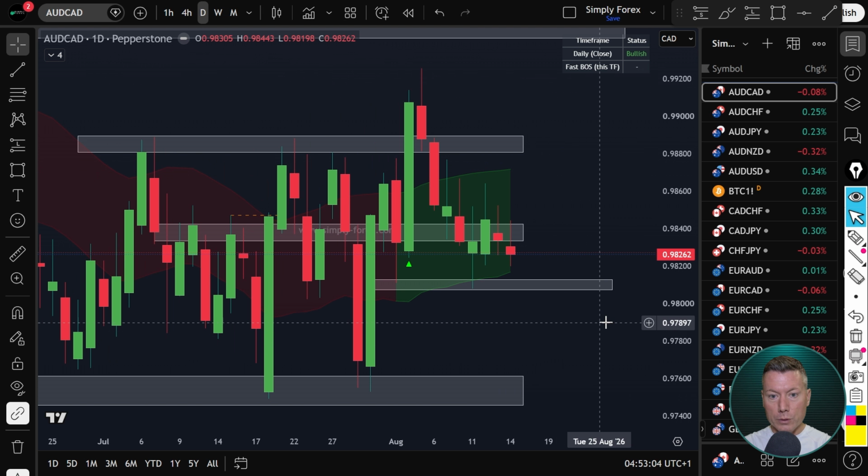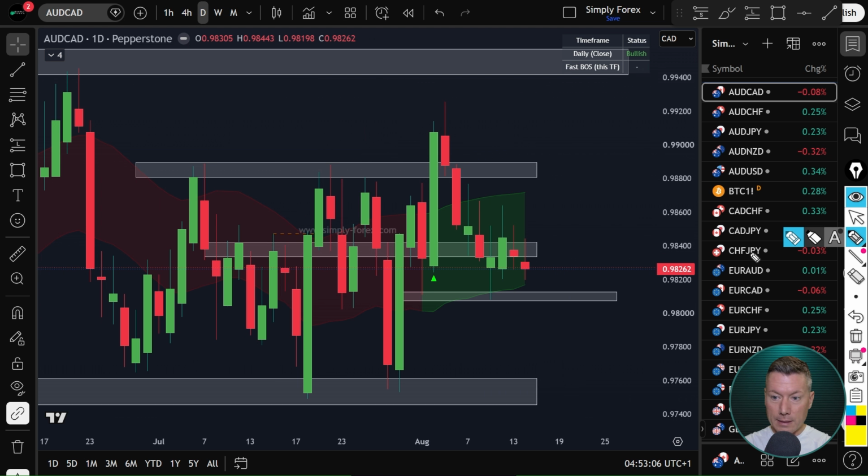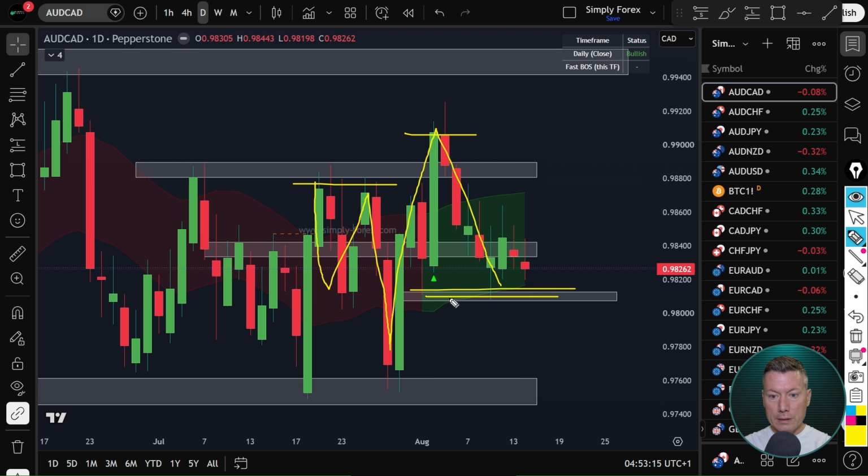And that confluence would be basically a daily structure break, because you can see we are still in this uptrend. We've got higher highs, but you've got this support in here. If we get a nice big bearish daily candle break, excuse my candle, been drinking. If we get a nice big bearish candle break through these lows, again, we've got this room back down to here. So that's what I'll be keeping an eye on throughout the week.